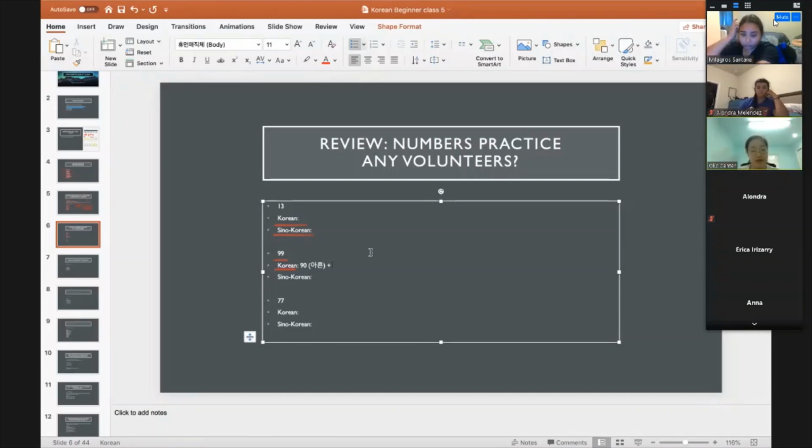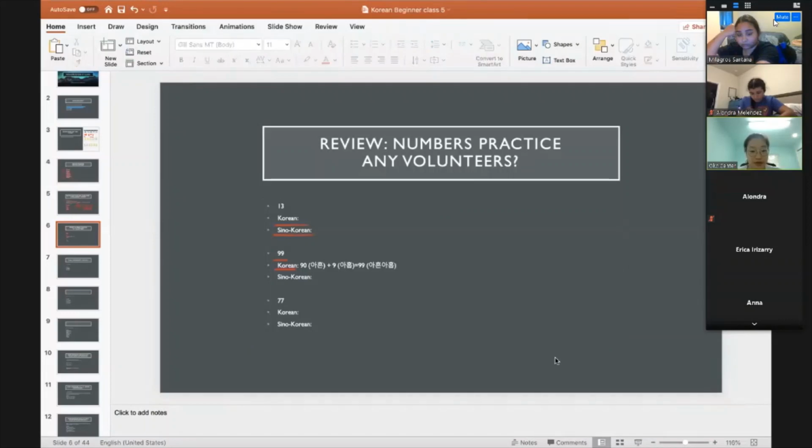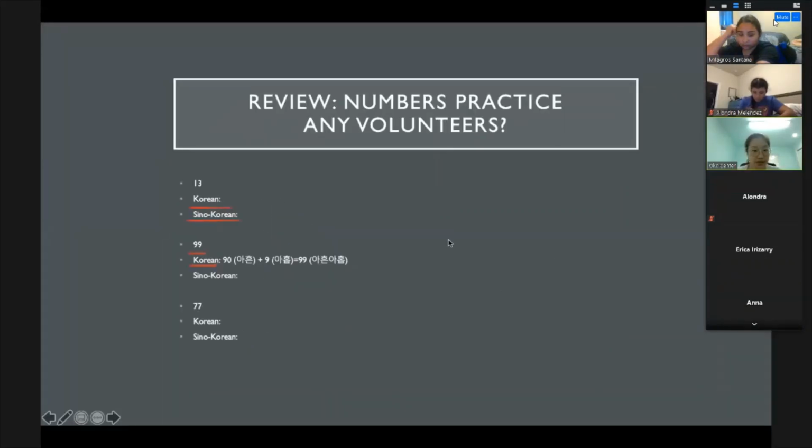And I also mentioned that the Korean numbers only count from 1 to 99. After 99, you can only use Sino-Korean. Sino-Korean goes from 1 to whatever number you can go up to. So this is the tens number, and then you add the single number. That's ahun, 아홉, right? Because 9 is single, 90, and then 99, right? So you add those two, ahun, 아홉. I'm just going over it really fast in case someone is still confused.